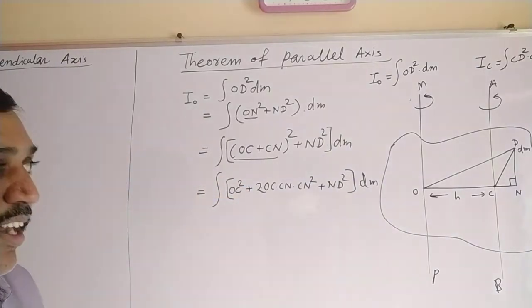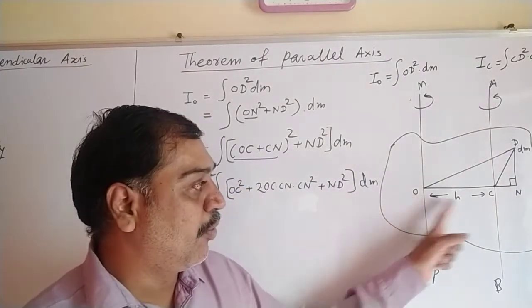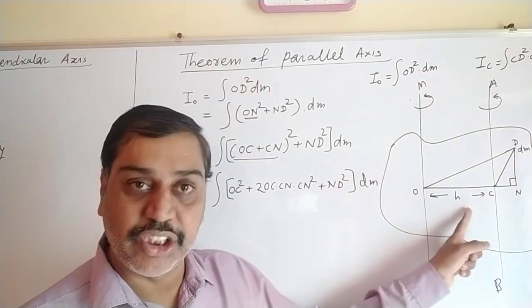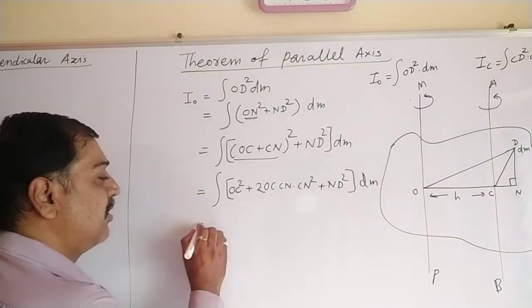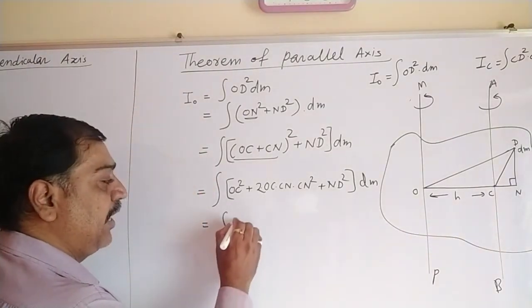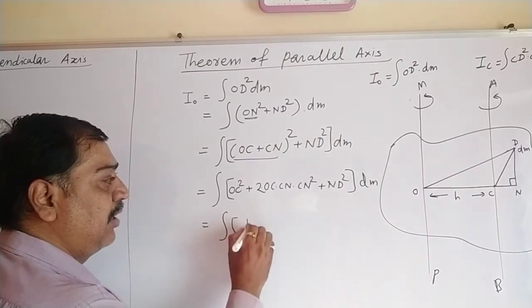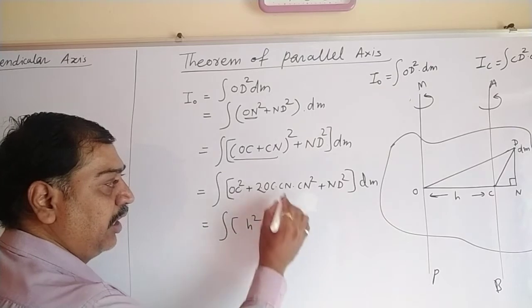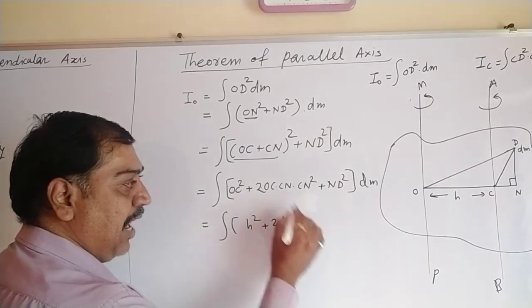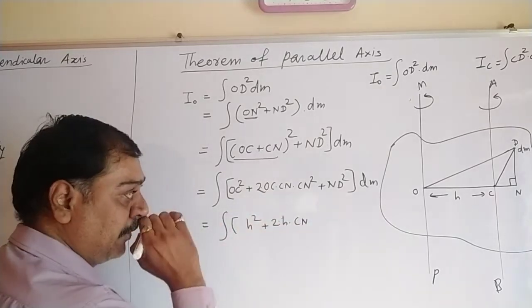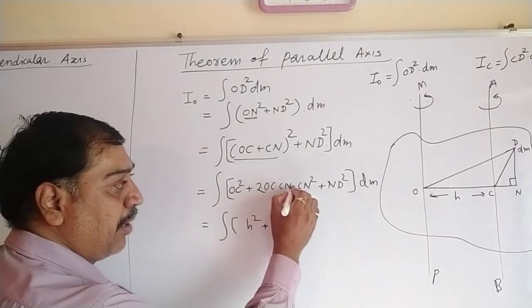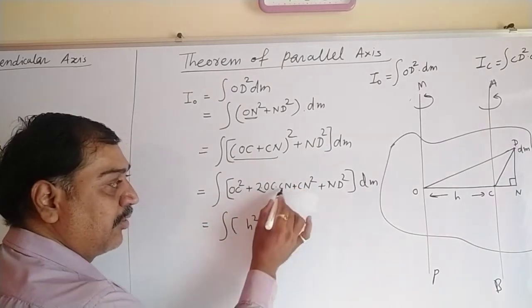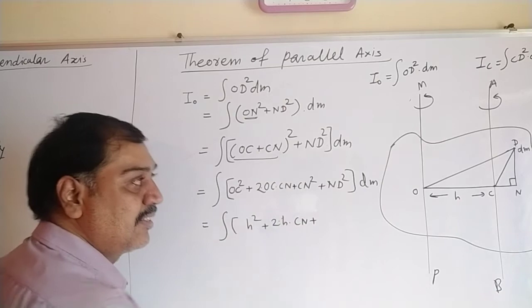Now, OC square is what? See the diagram. OC is h, so we can write h square. So this is equal to integration of, in the bracket, h square plus twice h into CN as it is, here it should be plus, plus CN square.